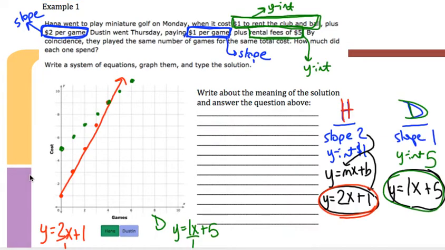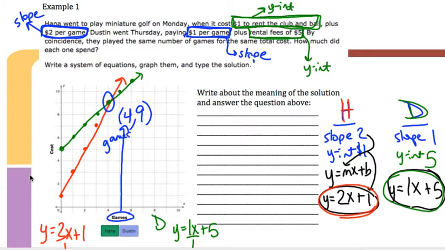So I should see that these two lines intersect right at this blue point right here. Now that blue point is at 4, comma 9. Okay, so I look at my x-axis, that tells me that this means 4 games, and cost, that means $9.